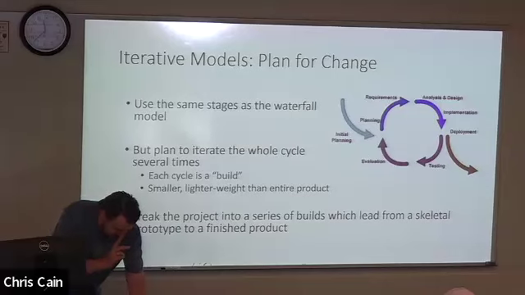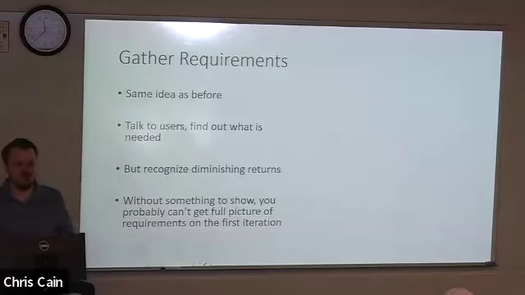Let's go through these actual phases as before and talk about how these change from the waterfall model. So requirement gathering is exactly the same as before. We still need to talk to users, talk to the client, figure out what it is that we need to do, recognize that there are diminishing returns for this. Eventually, after spending 3 weeks straight talking to the client, you're not getting any new useful information anymore.